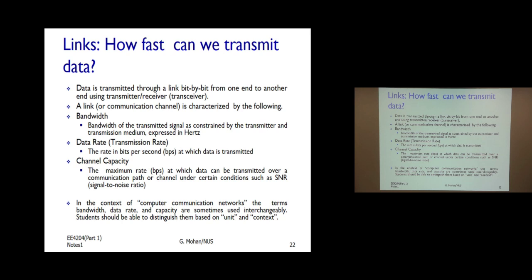Similarly, there are twisted pair copper wires, a good example being our telephone cable. That's also used as Ethernet cable to connect your computer to other ports or a router. We have coaxial cable, which is normally used for TV, and we have fiber-based cables. So there are different kinds of communication medium.